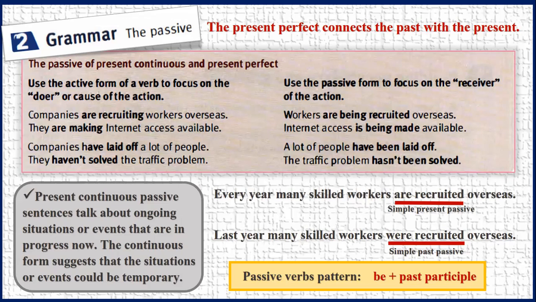We don't know the subject. We don't know the doer of the action. We know the receiver of the action. Who's the receiver of the action? The many skilled workers. Many skilled workers are the receivers of the action. These are the objects.